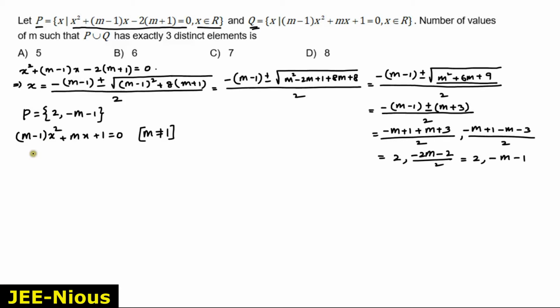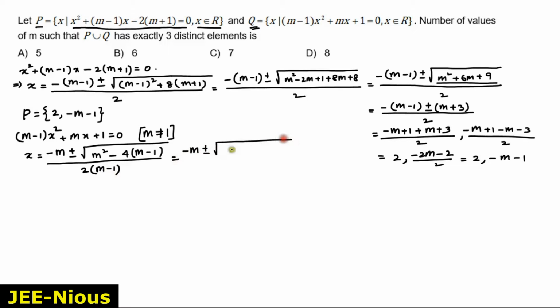So in that case, your x will be, again solving it by Sridharacharya's method, minus b plus minus root over b square minus 4ac divided by twice a. So 2 times m minus 1. So minus m plus minus under root m square minus 4m plus 4 divided by 2 times m minus 1.